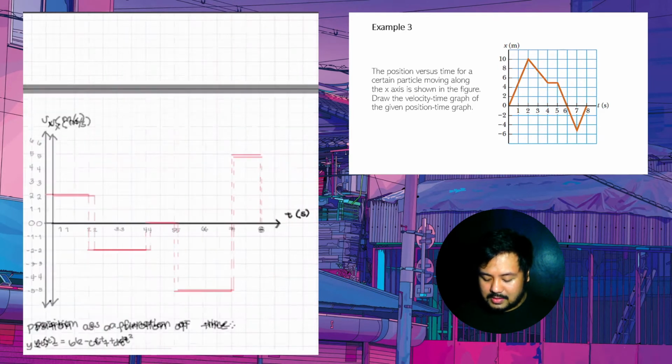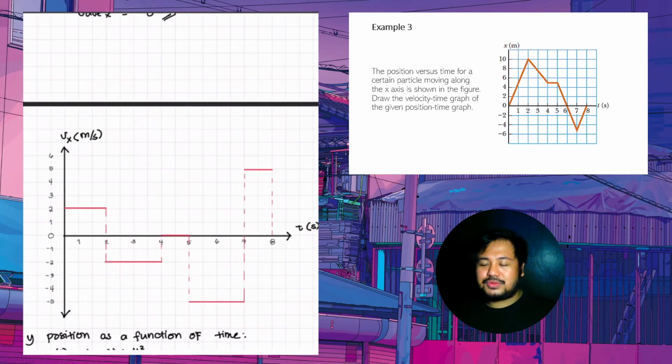Okay, now as we have learned from number 2 and number 1, the slope will just be equal from 0 to 2 seconds. Hence, the speed or the velocity should be the same. That's why I have the answer here, or the line now, the horizontal line, that is positive 2 meters per second. As you can see, the slope is constant.